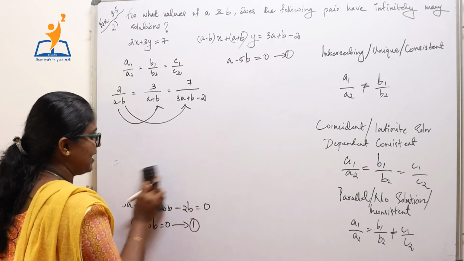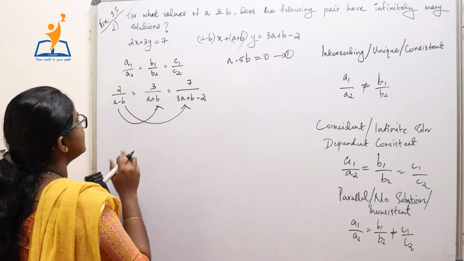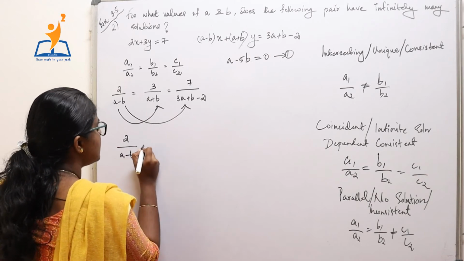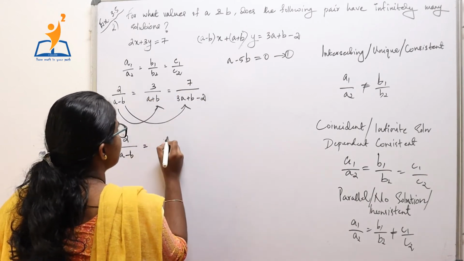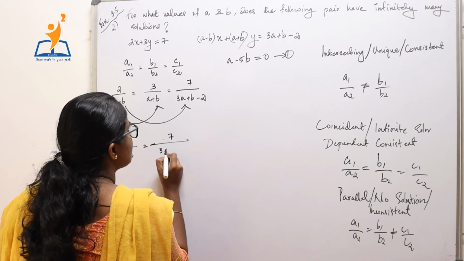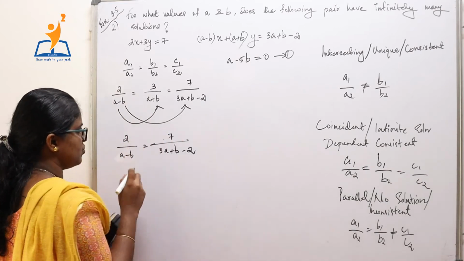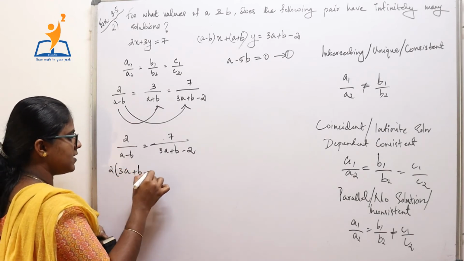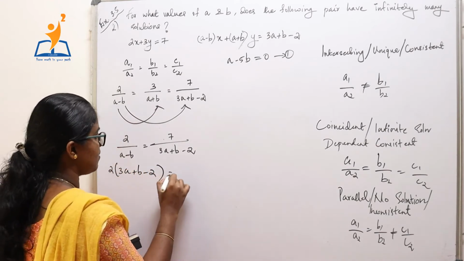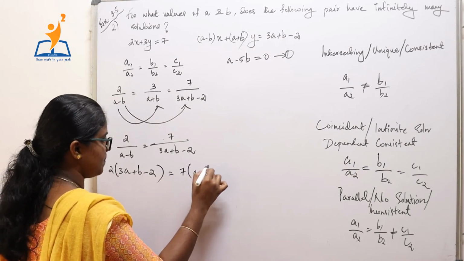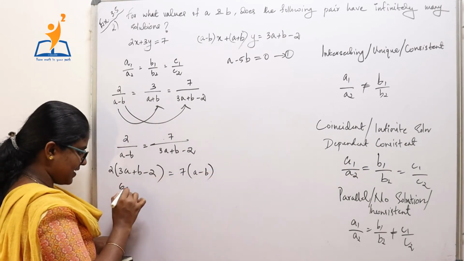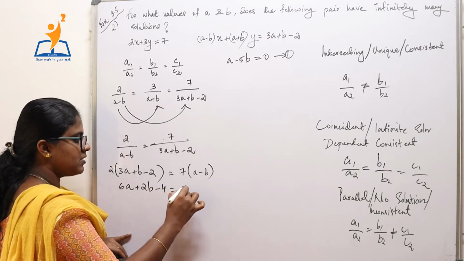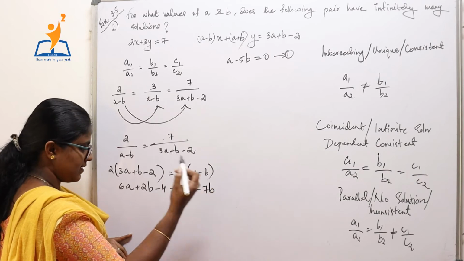Now we want to equate the other two conditions, that is 2 by a minus b is equal to 7 by 3a plus b minus 2. Cross multiplying, we will get 2 into 3a plus b minus 2 equals to 7 into a minus b. So we will get 2 into 3, 6a plus 2b minus 4 equals to 7a minus 7b.